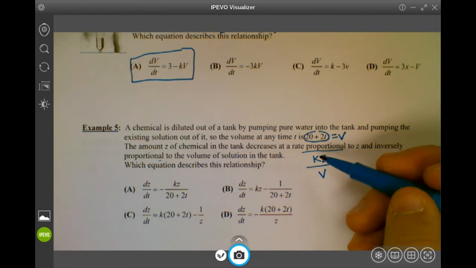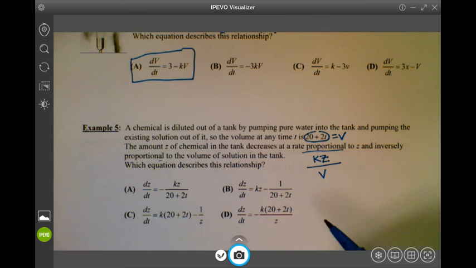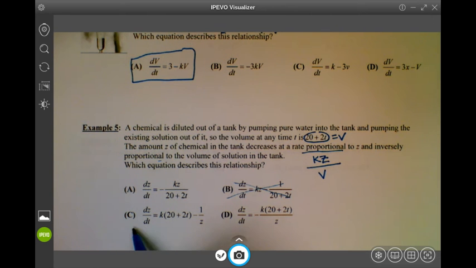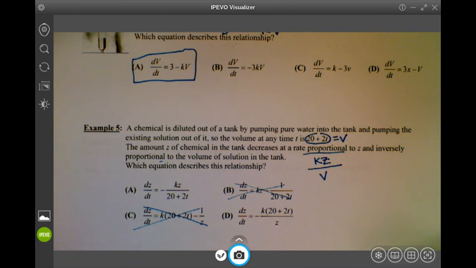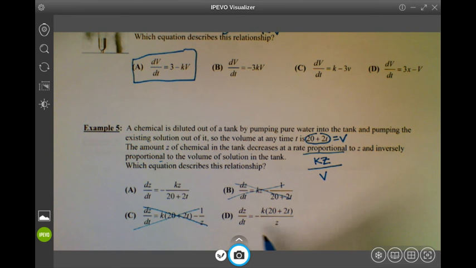So taking a look at what we have going on here, it definitely B is out, right? There's a kZ minus something, and this one's out too. I don't even know what's going on there. And so you have some options here. Definitely this one looks like it might be the reverse of this one, right? They're the exact same, just flipped around.